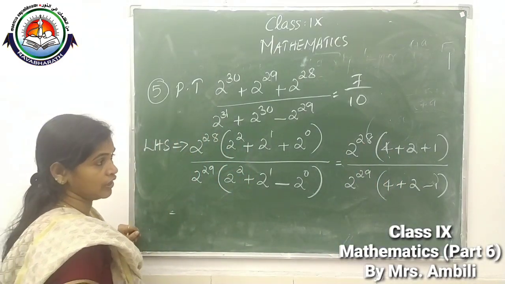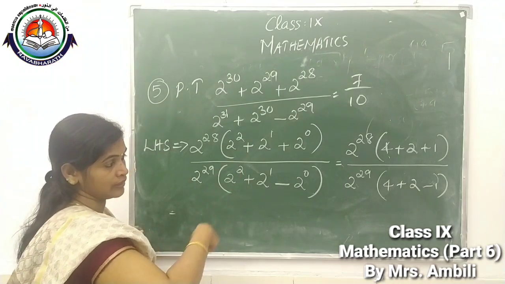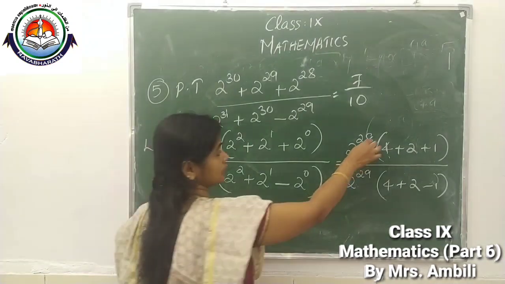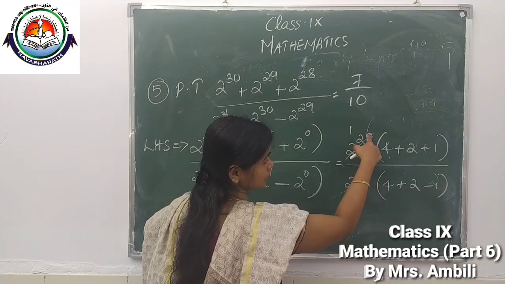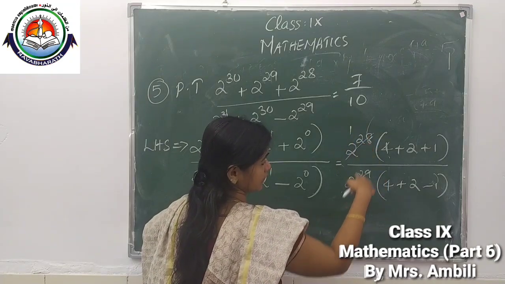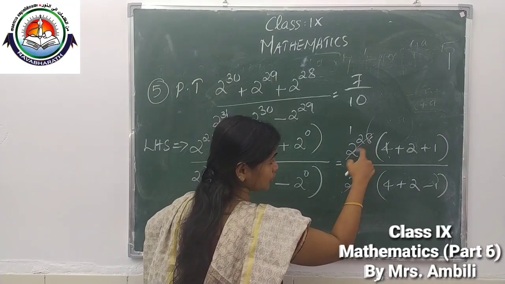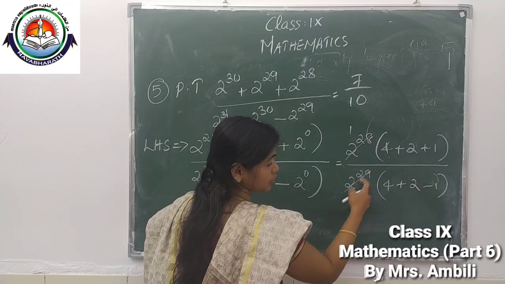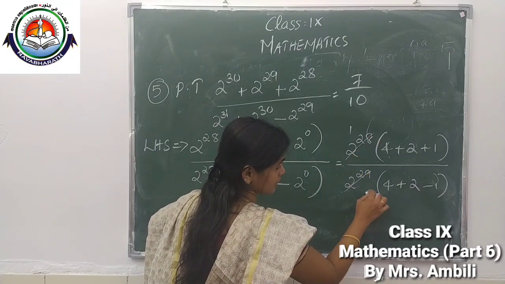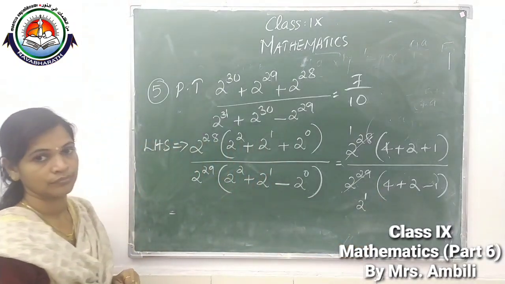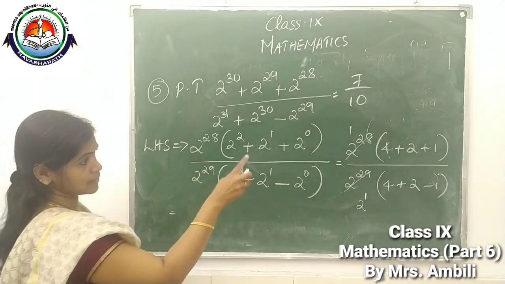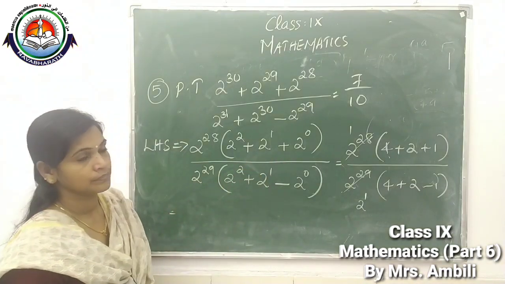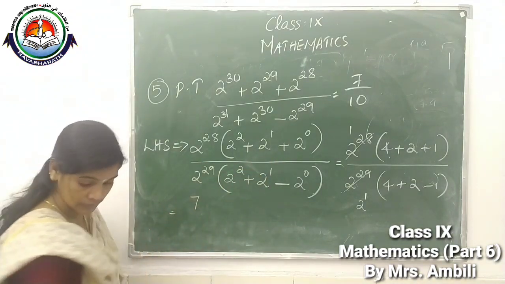If we cancel 2^28 and 2^29, here there is no 2^28 times, here 2^1 is remaining. Other all terms go. So we can write 4 plus 2 plus 1, 7.